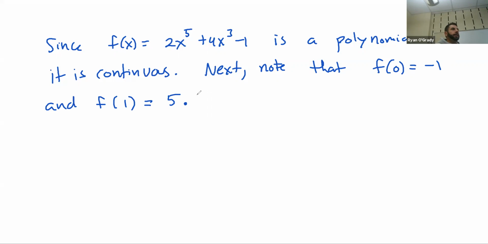Now, why am I doing that? The first question you might have is, why did I use 0 and why did I use 1? The way my brain is thinking is I'm looking at that function and saying, what happens when I plug in simple things that I can do in my head? The first two numbers that come to mind that I can usually plug in easily, mentally, are 0 and 1. And it just so happened that my first two guesses worked.